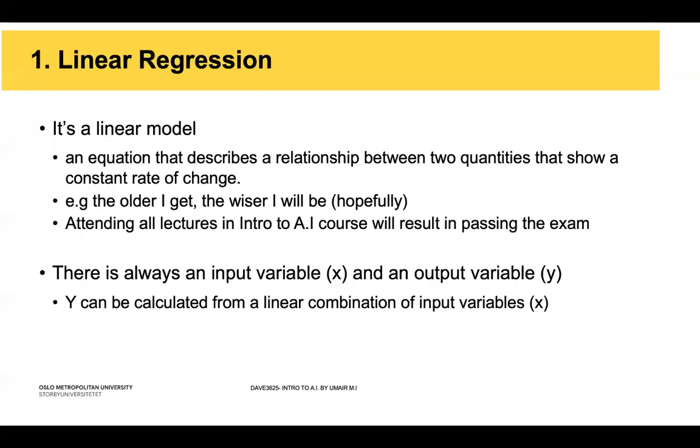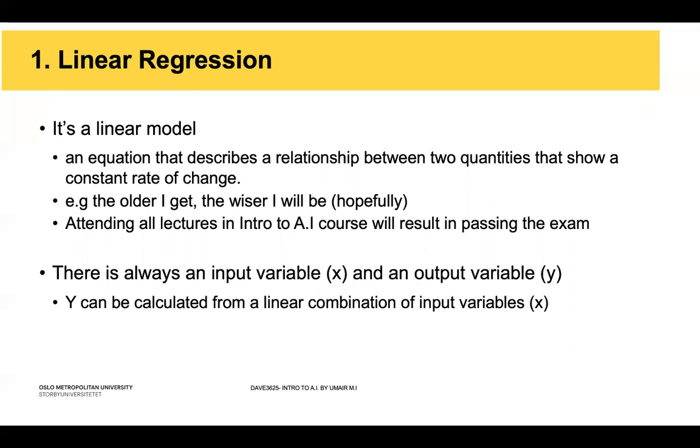Let's talk about the first one, linear regression. As the name says, linear, it's supposed to be a line. It's very similar to the diagram I showed you earlier. It takes a look at your data set and then tries to draw a line in your data set.